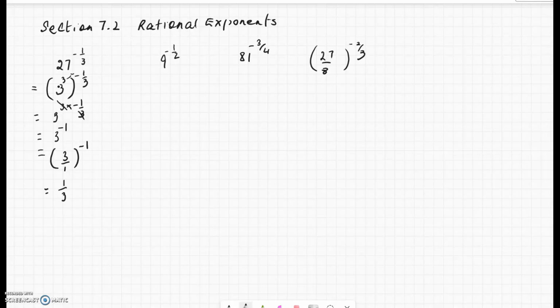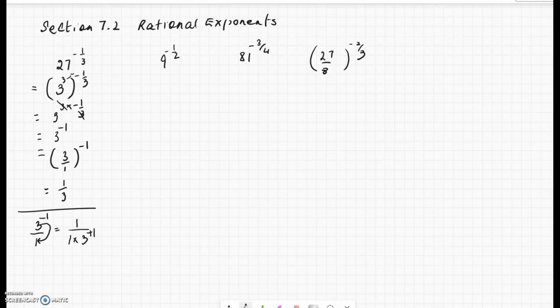Another way of looking at it is 3 to the negative 1. Let's write it as 3 to the negative 1/1. We move this exponential term from numerator to denominator, and the minute we do that, you have 1 times 3 to the positive 1.